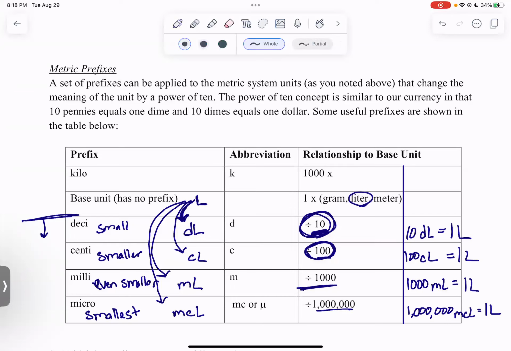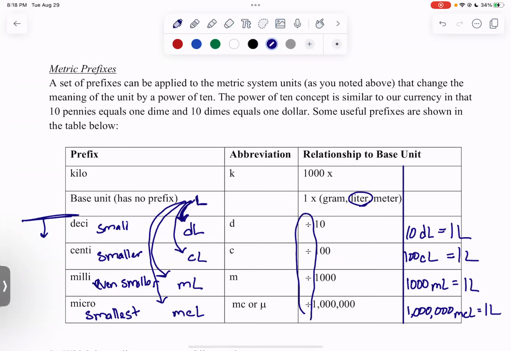And I know that it's getting smaller because when I look at each of these, I can see that they all have this division sign, and that tells me that it gets smaller. If I look above my base unit, if I go up from liter to kiloliter, now I have to multiply by 1,000.